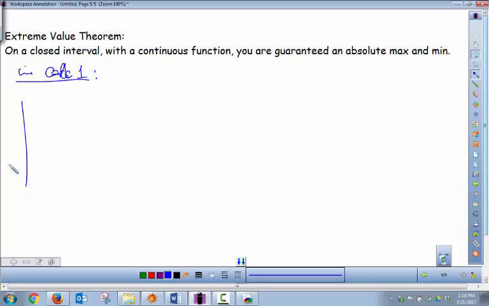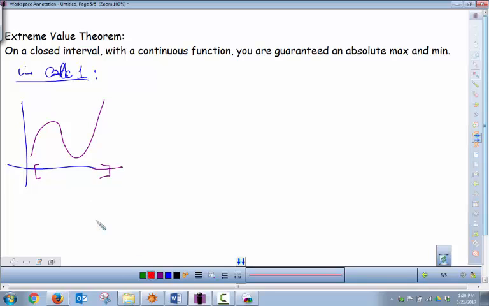if you have a graph and you enclose it with a closed interval, you're guaranteed a global max and min.